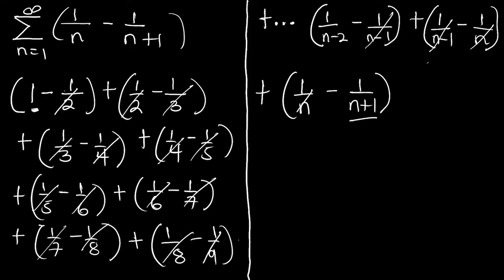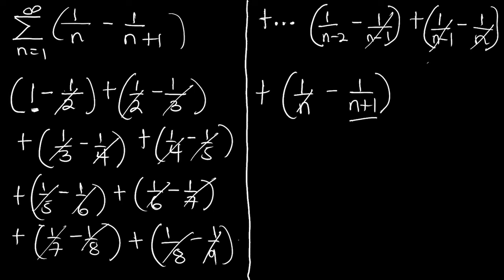So this 1 over n minus 2, is it going to go? Are we going to cancel that out? If yes, why? If not, why not? Now, let's do the analysis here. We have 1 over n minus 2, right? So let's assume that we are writing for the last but 3 term.